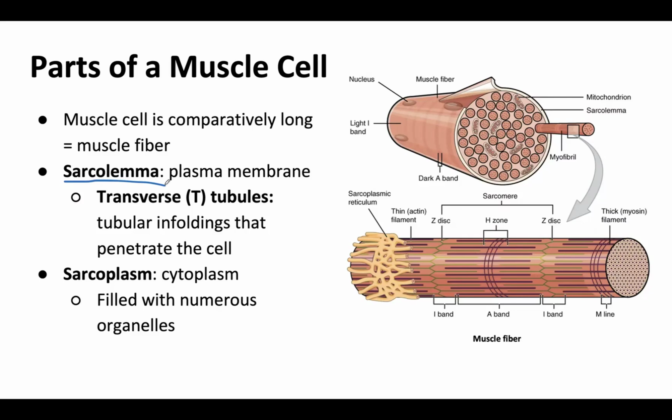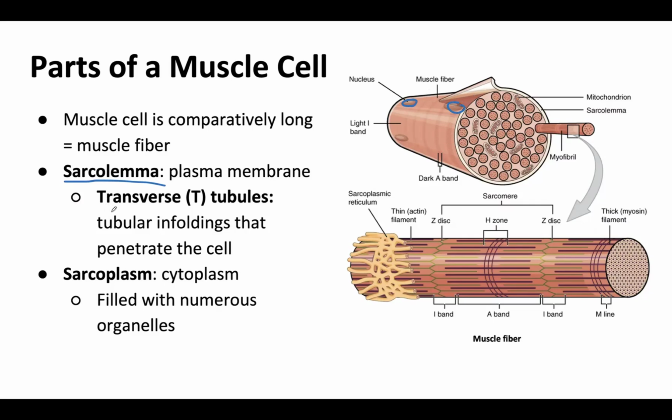This image on the right shows that there are nuclei that are pressed right up against the inside of the sarcolemma. And remember, there are multiple nuclei associated with each cell. The sarcolemma will also have infoldings that tunnel into the deeper portions of the cell.